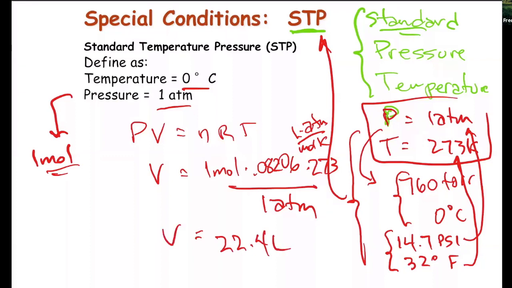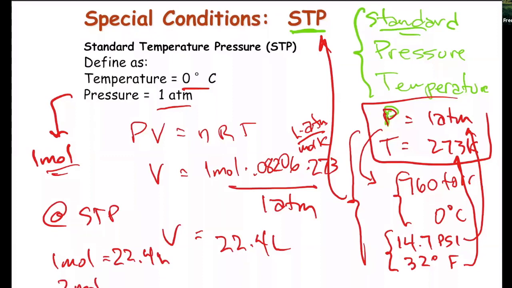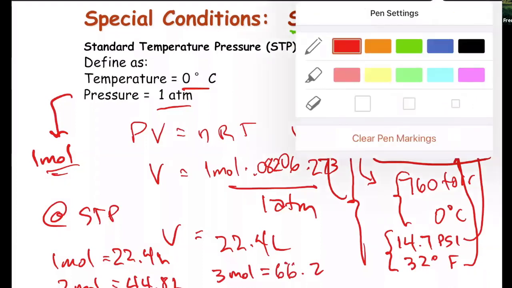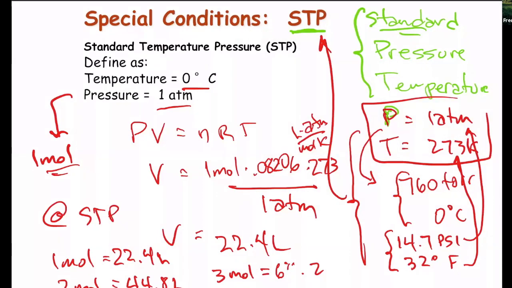At STP, 1 mole of gas is equal to 22.4 liters. 2 moles of gas is equal to 44.8 liters. 3 moles of gas will equal 67.2 liters. In other words, we can use that as a conversion factor.